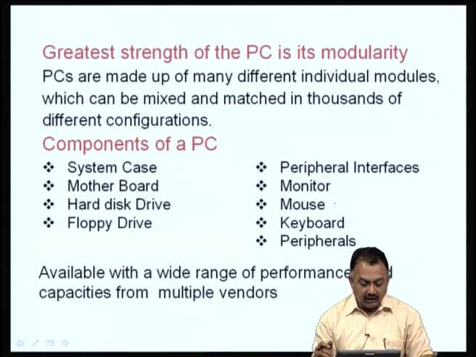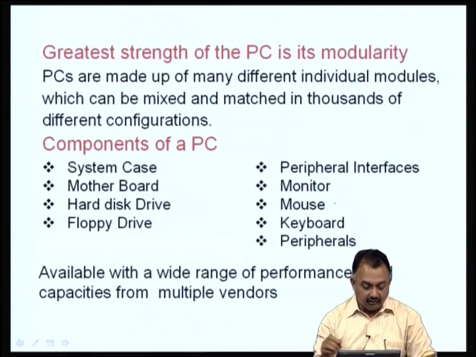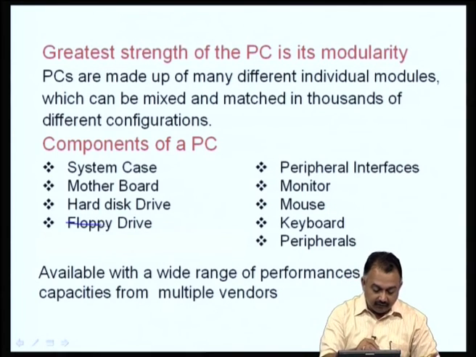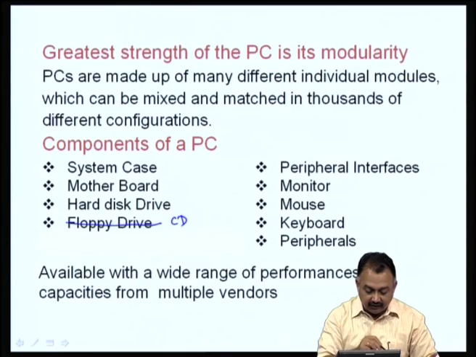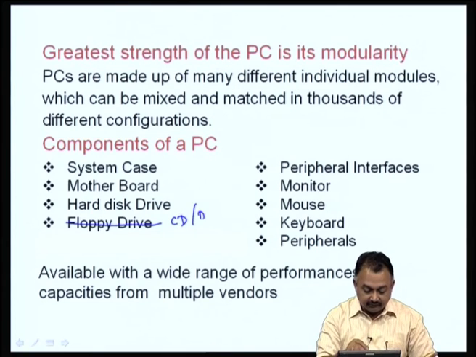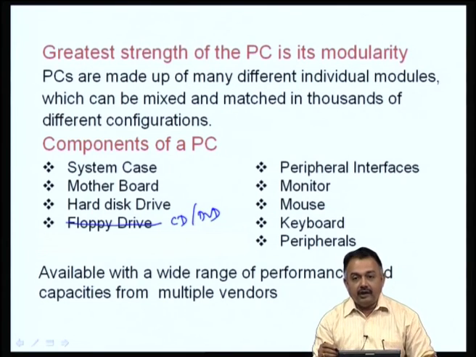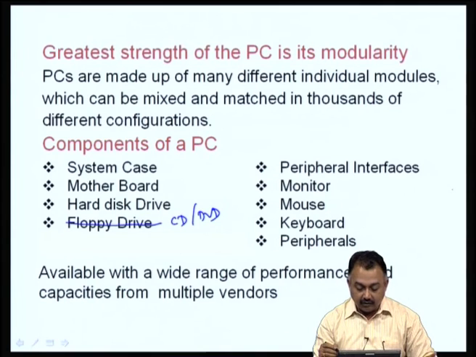So, generally if you want to make a desktop PC, you will have different modules which can be mixed and matched with different configurations. Components of a PC, typically you have a system case, a motherboard, hard disk drive. There was once the floppy drive, but today we are talking about CD drives, DVD drives, then peripheral interfaces, monitor, mouse, keyboard, peripherals and so on.